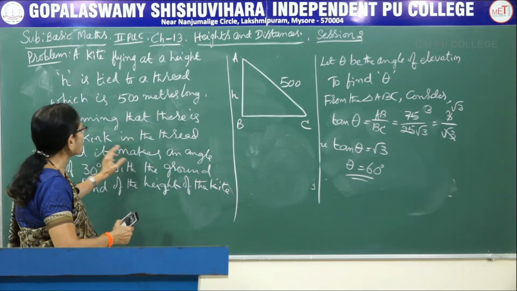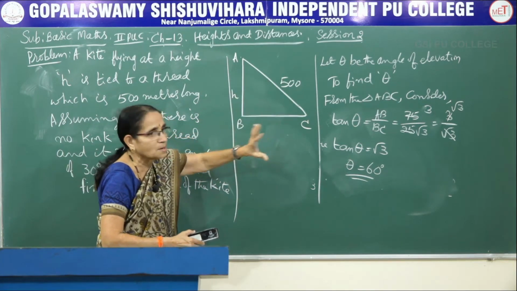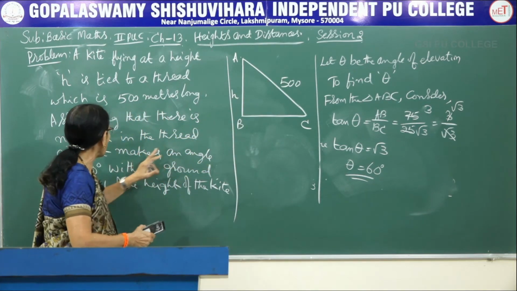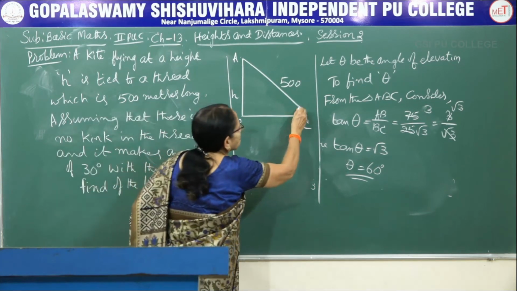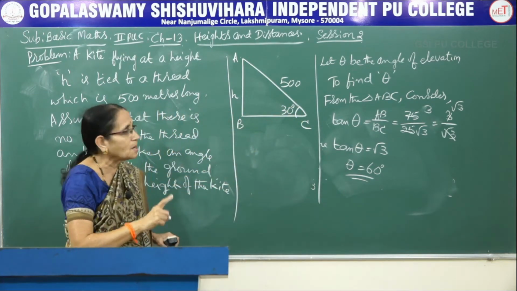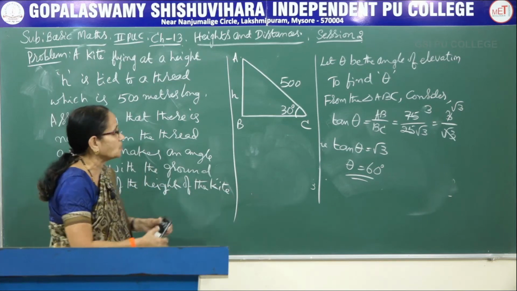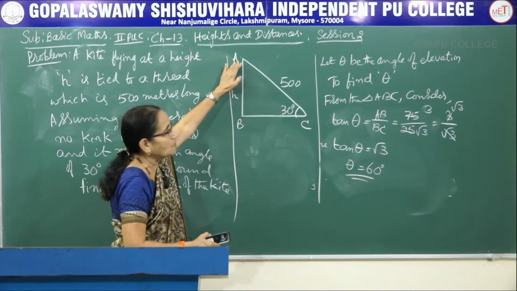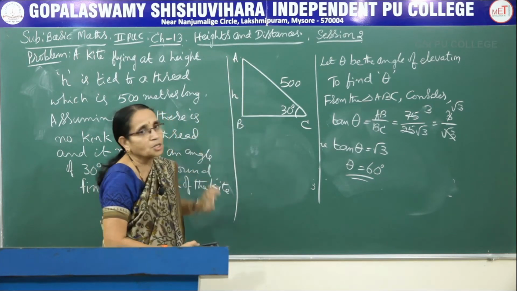Assuming that there is no kink, that means there is no knot or anything in between, AC is a straight line we are considering here. And it makes an angle of 30 degrees with the ground, that means the angle of elevation is 30 here. Find the height of the kite, that means at what level the kite is flying, that in other words you have to calculate h here.